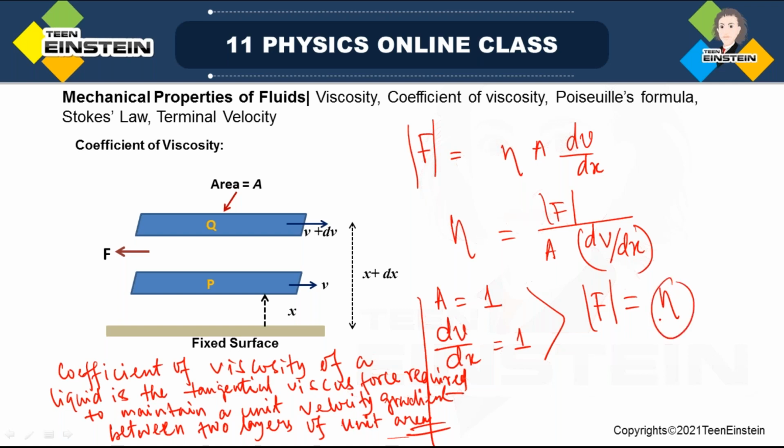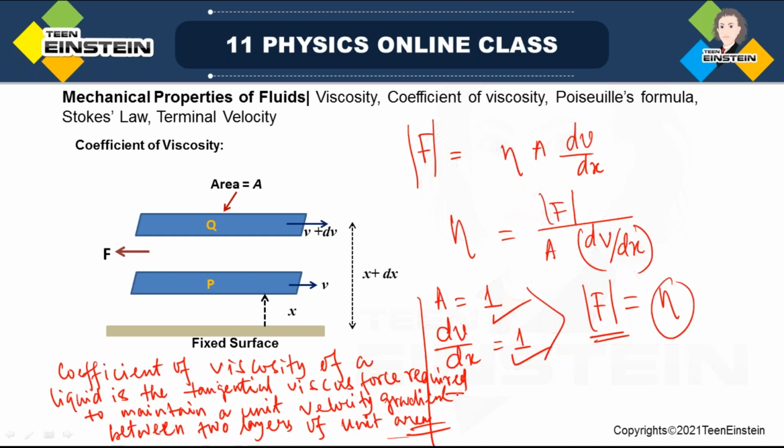It is defined as the tangential viscous force required to maintain a unit velocity gradient between two layers, each having unit area.